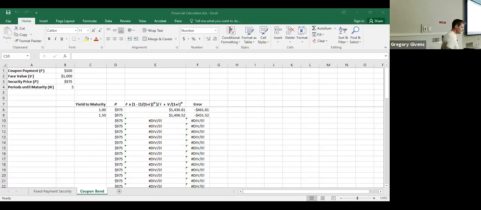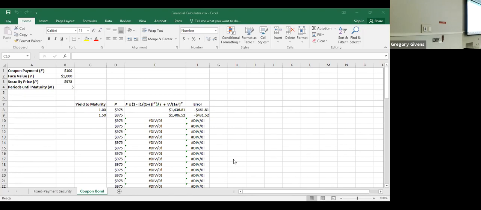So I don't know if you remember this, but the last question that we did in class on Monday was that I asked you to find the yield to maturity on a 5-year corporate bond that had a face value of $1,000 and a coupon payment of $100 annually, so a 10% coupon rate. And the price of that 5-year corporate bond upfront is $975. And so the question then is, what is the yield to maturity?